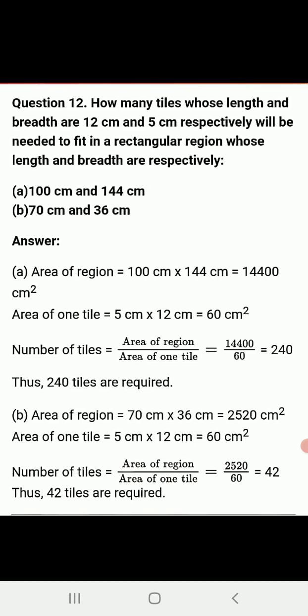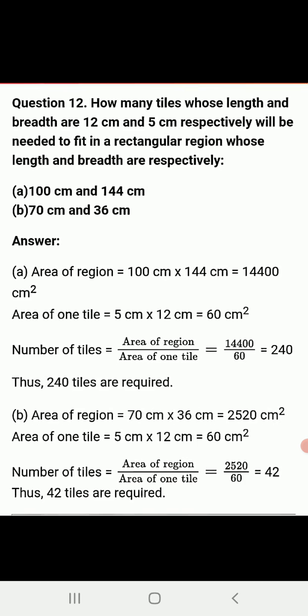In question A, the floor measurement is 100 centimeters and 144 centimeters. So one is length, the other is breadth. In this full area, we are going to place tiles of 12 centimeters by 5 centimeters. So first, the area of the floor will be 100 into 144, length into breadth. You get 14,400 centimeters square.